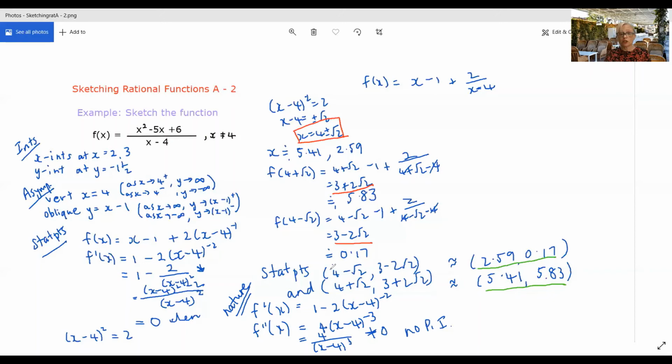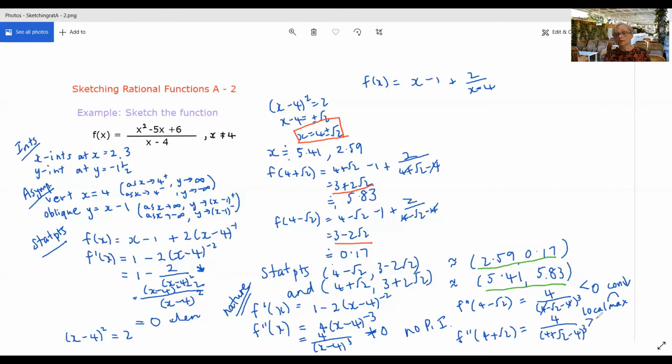We can check the nature of these stationary points. So f double dash at 4 minus root 2 is 4 over 4 minus root 2 minus 4 cubed. Now that's going to be, well, they'll cancel out. You've got a negative cube. We're actually going to get negative. So it's concave down. So that's a local maximum there. At the other x value, at the other stationary point, when we sub in there, we're going to get a positive answer.